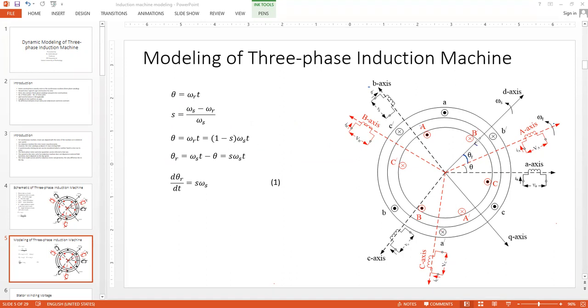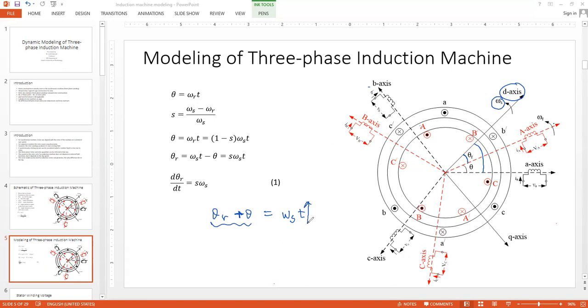What is this? This is theta r plus theta, right? Now, what can we write in terms of omega s? This whole distance, can we write it as omega s into t? It means when t is 0, this d-axis is assumed to be aligned along the a-axis. This is what it means.